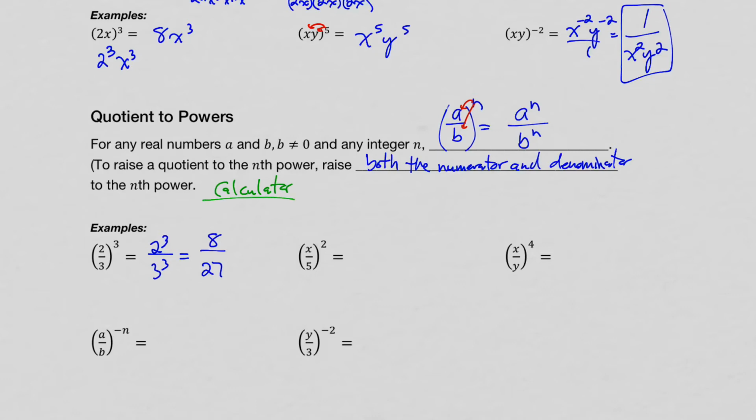Some people may have to type in 2 caret 3 equals, or enter, to get the 8. Or instead of a caret symbol, you may have a symbol that looks like this, x to the y.